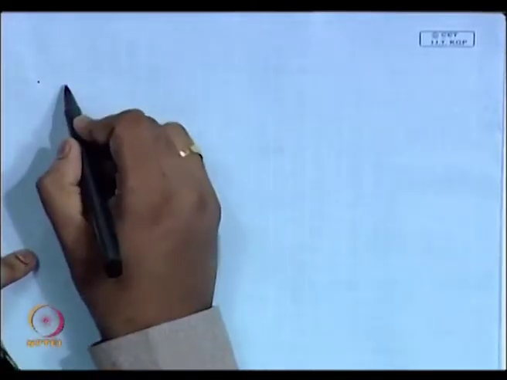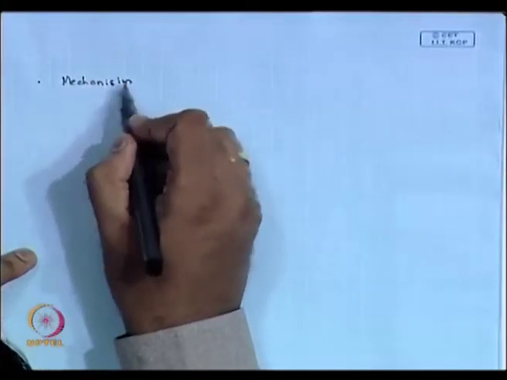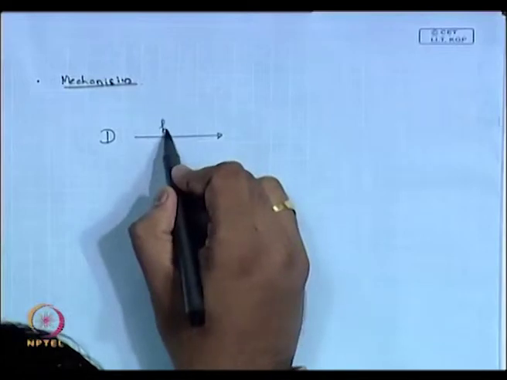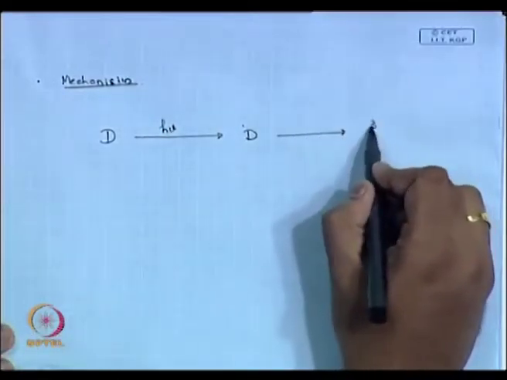Now, we will see how this happens, okay. You can call it the mechanism of this one. So, as I said, I have a donor which gets excited to my singlet, then it goes to my triplet.